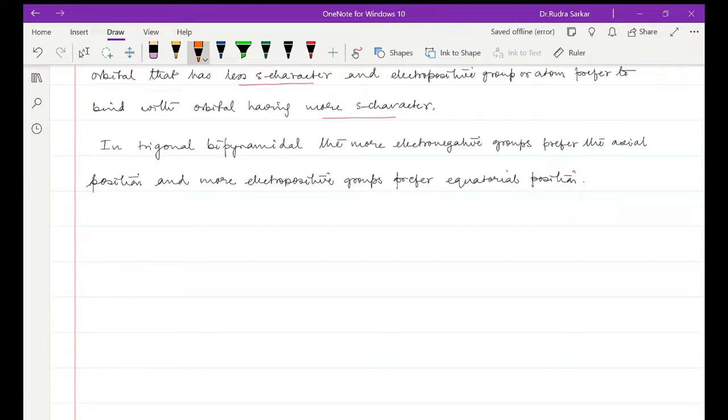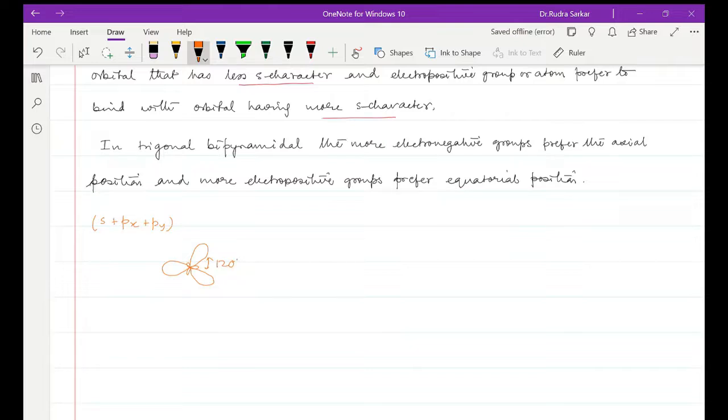So over here we have three such lobes which are formed due to the combination of s plus px plus py orbitals, and the angles between them are perfectly 120.